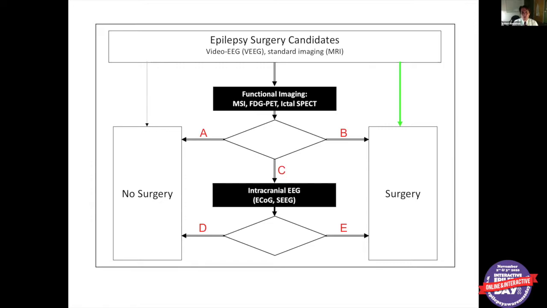So those first criteria have to be met. I need to know if the patient has seizures that start in only part of the brain, and that it really be only one part of the brain. And that's it.